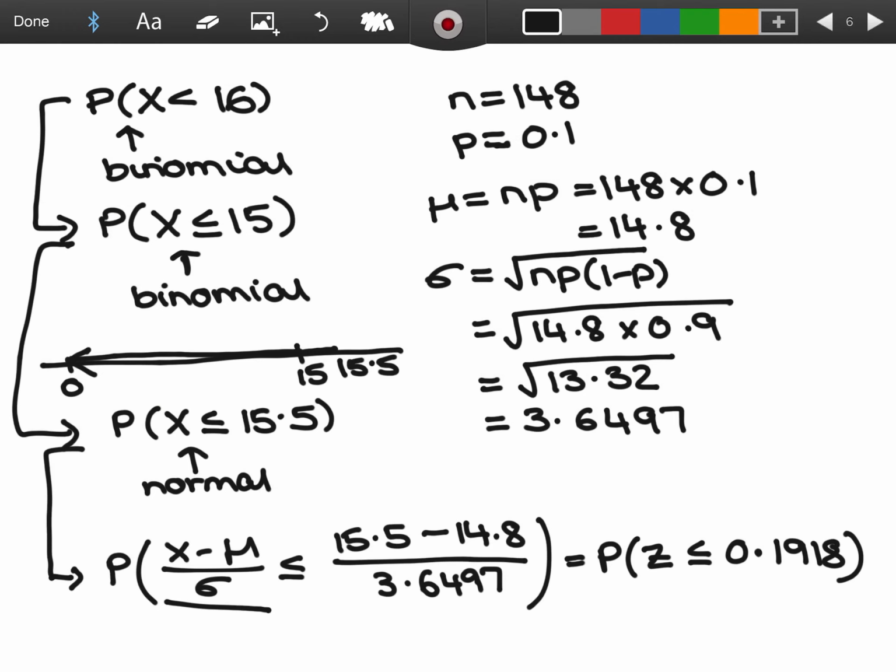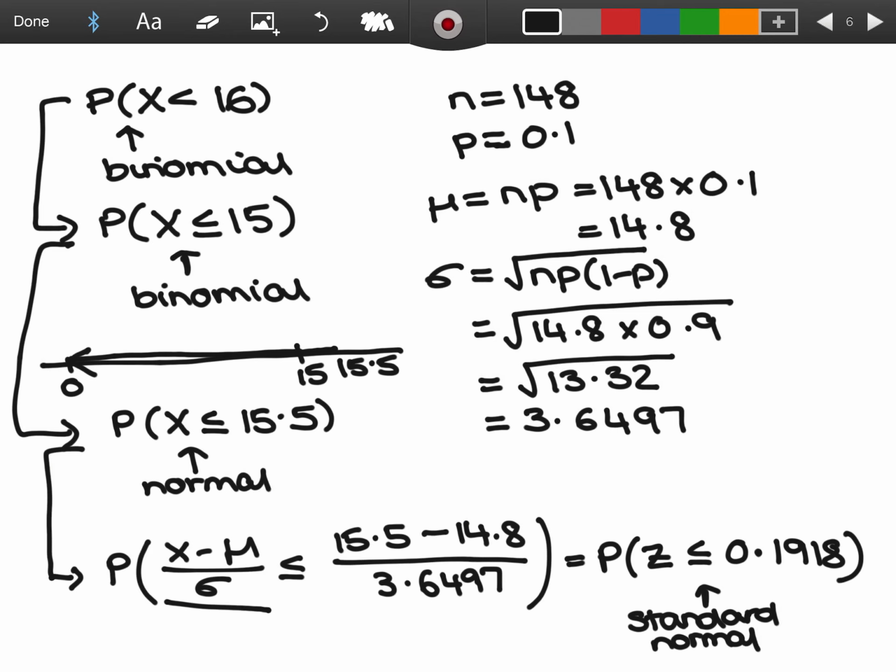Now, if we work that out, we go into our calculator, second, distribution, and normal CDF. We've gone from binomial to still binomial but with a less than or equal to, which you always need before you use continuity correction. We then used continuity correction to get it into normal distribution, then a z transformation to get it into standard normal distribution.